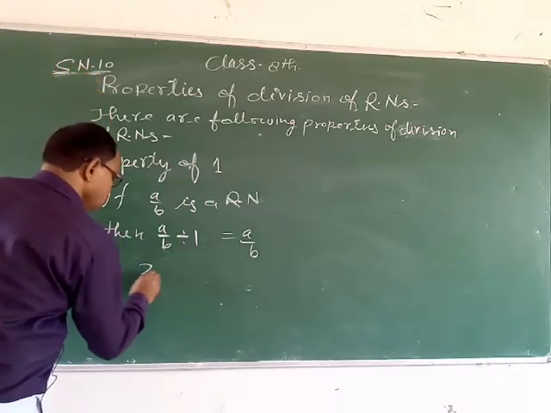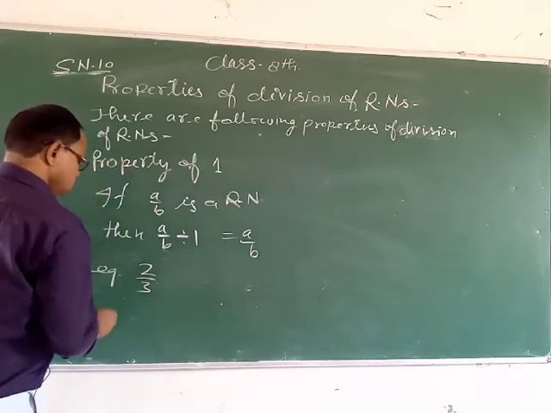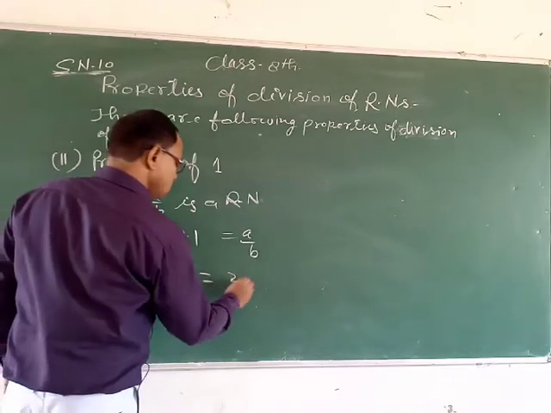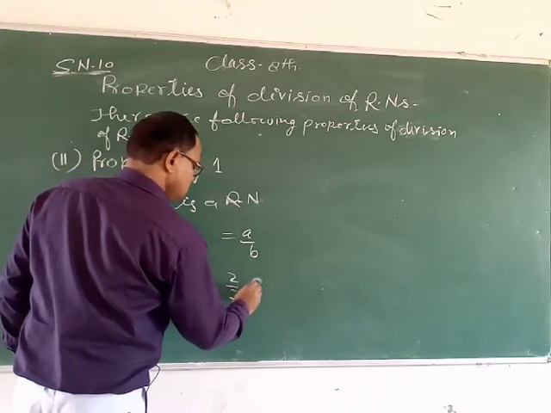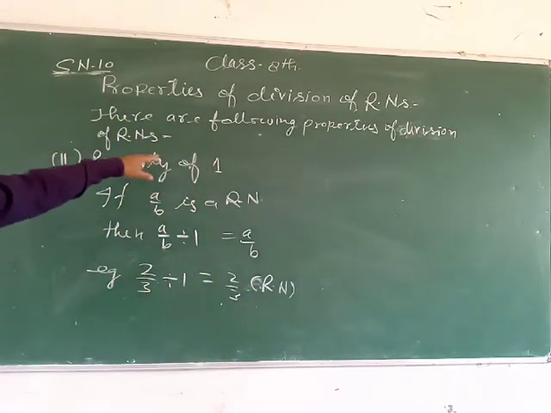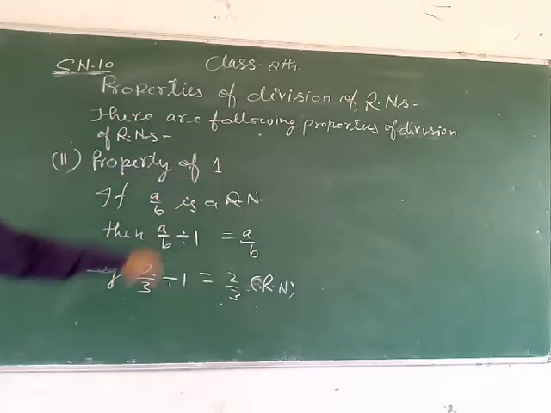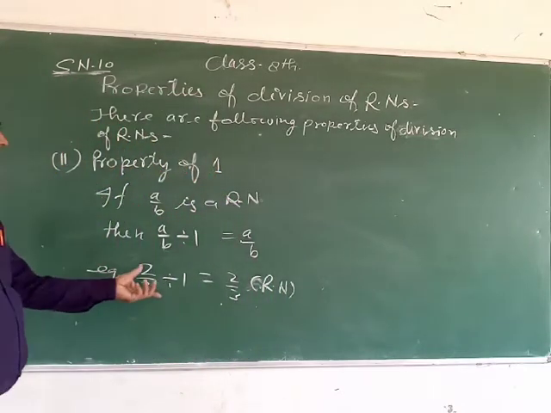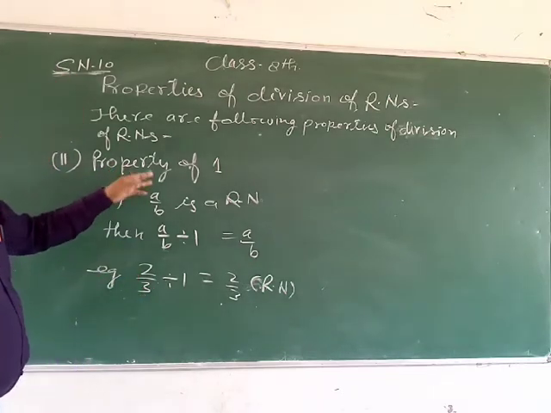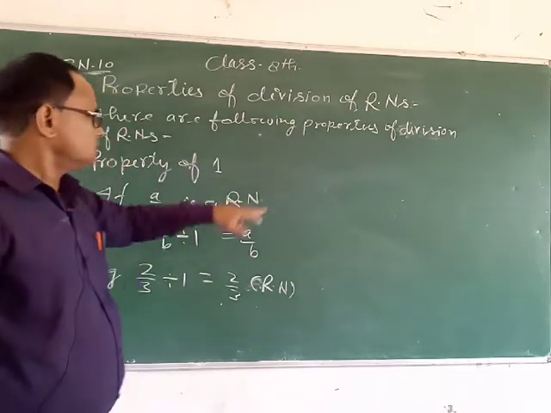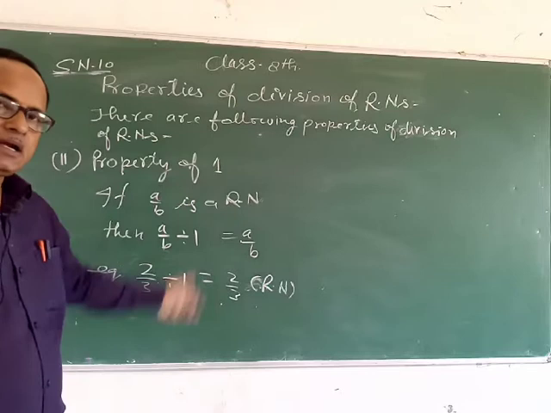Okay, look here. As an example, 2/3 divided by 1 is equal to 2/3, a rational number. Then 1 is the identity. The identity rule follows in the division of rational numbers. Okay, these types of questions you can solve on this basis. It shows the identity rule follows in division of rational numbers, because 1 is the identity.